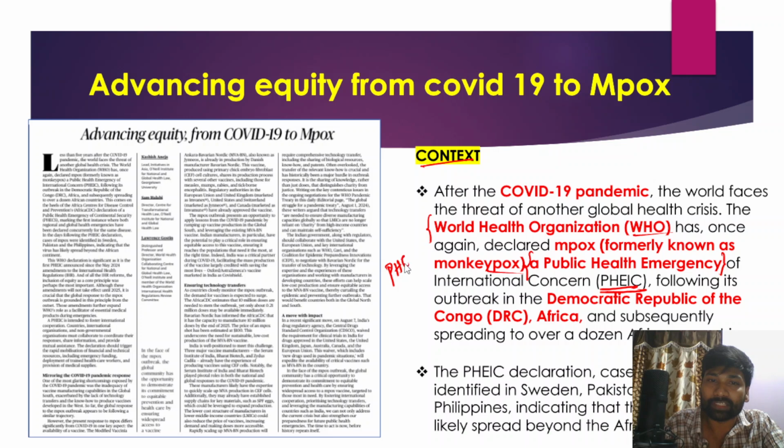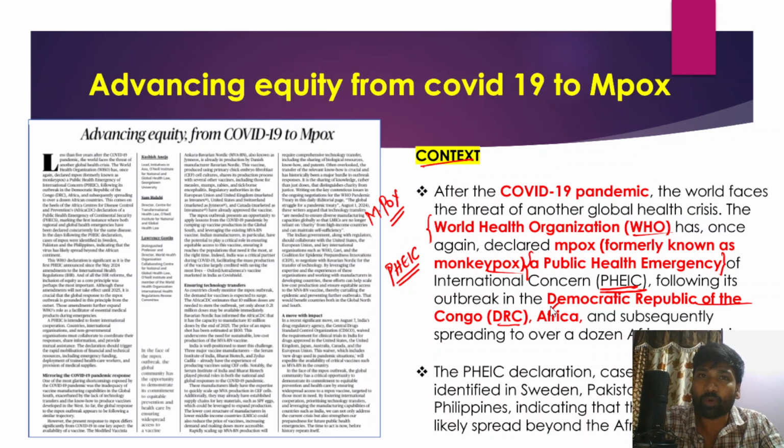The monkeypox outbreak took place in the Democratic Republic of Congo in Africa. Once the outbreak was reported there, the disease subsequently started spreading over several other African countries.